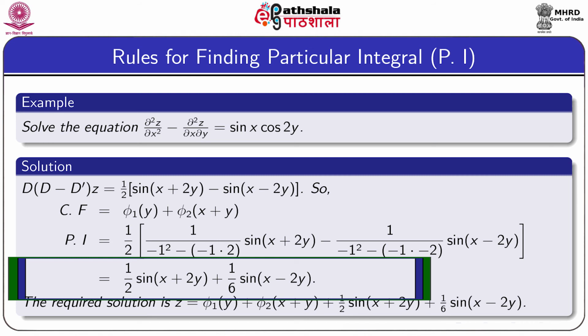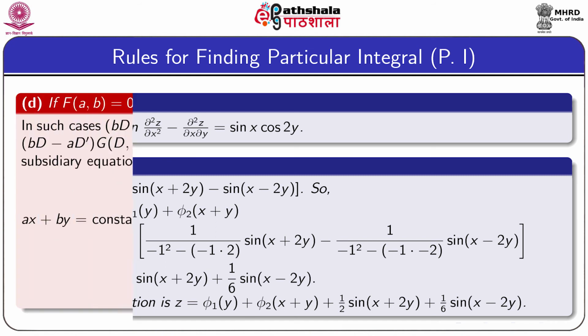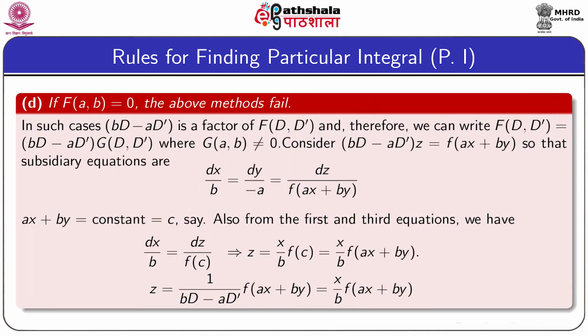Thus, the required solution becomes z equals CF plus PI. Now, I am going to discuss the case where capital F(a, b) equals 0. If capital F(a, b) becomes 0, then the earlier methods will not be applicable.